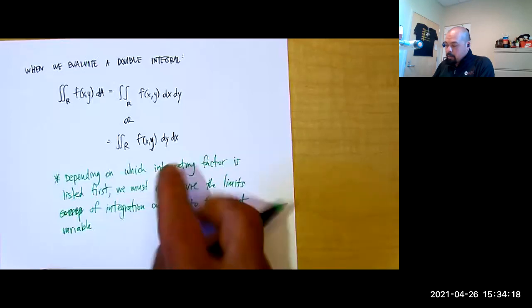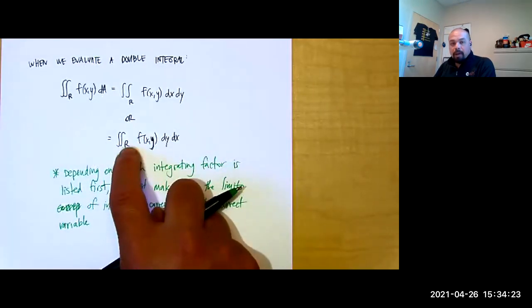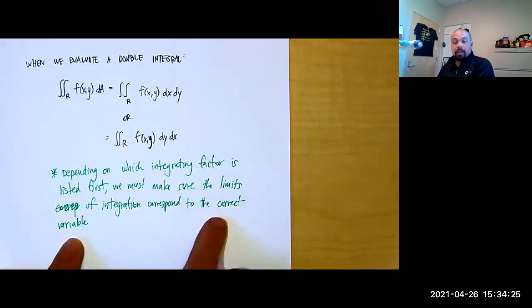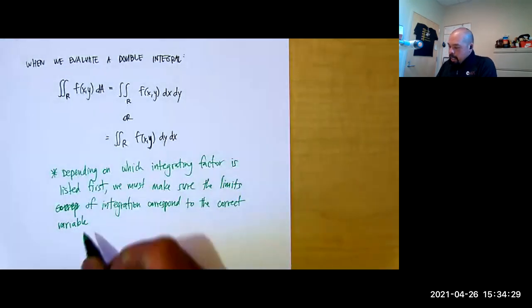So if we're integrating with respect to y first, we want to make sure on that first integral symbol, we have the appropriate limits of integration to go along with that y. And likewise for x, okay?